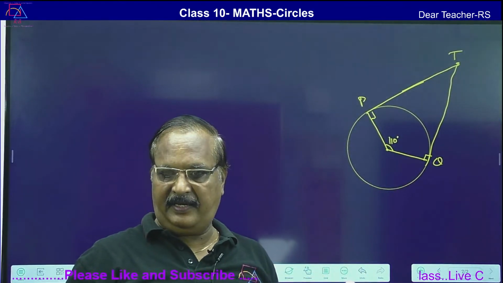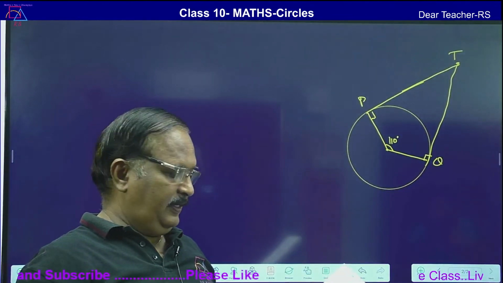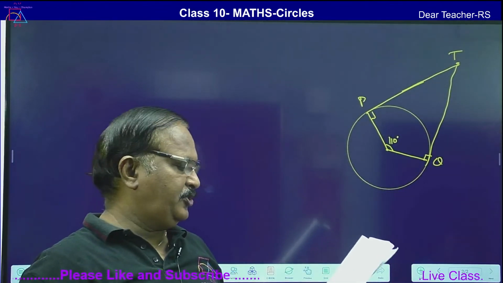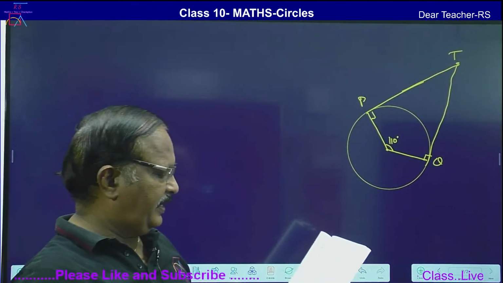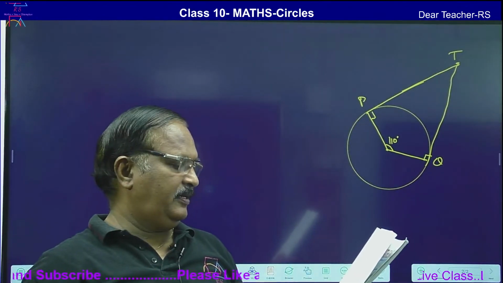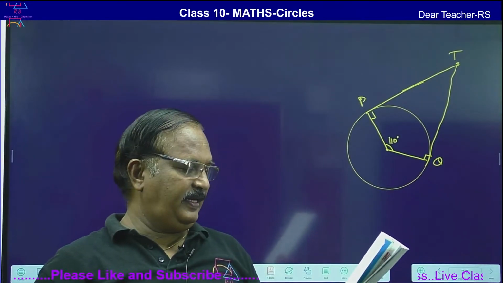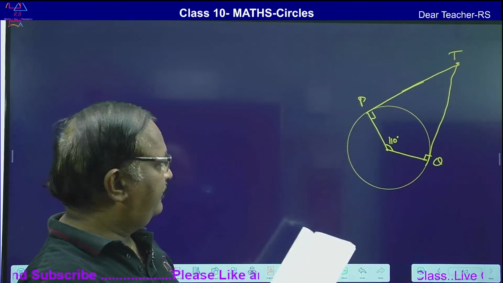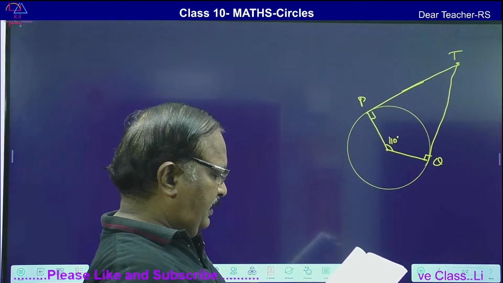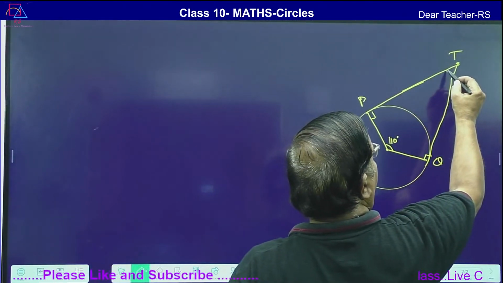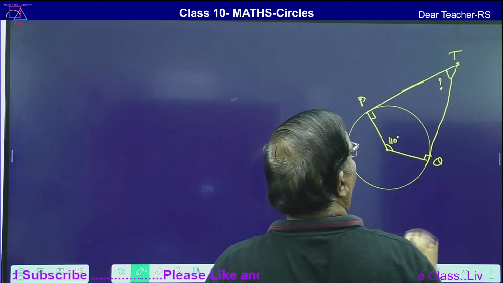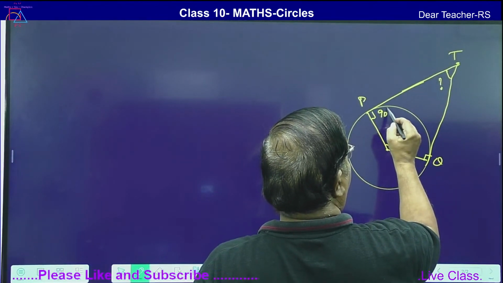Because it is a multiple choice question, you don't need to do any working. You can write the choice directly, right? But let us understand. So now PTQ is how much? This is PTQ. Now we know three angles.